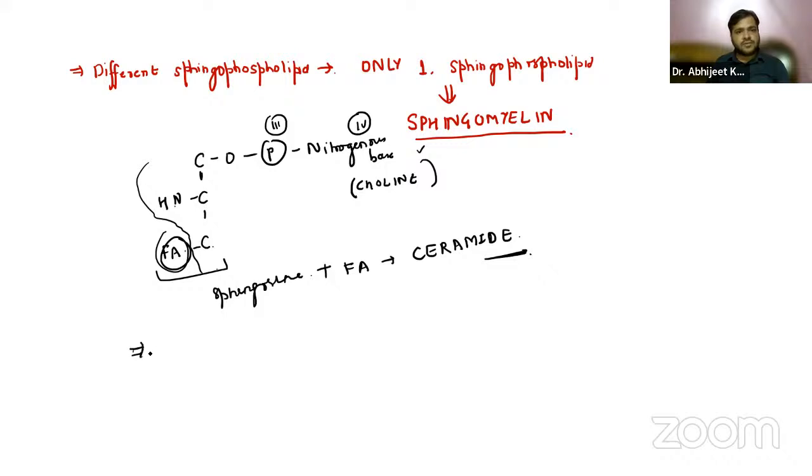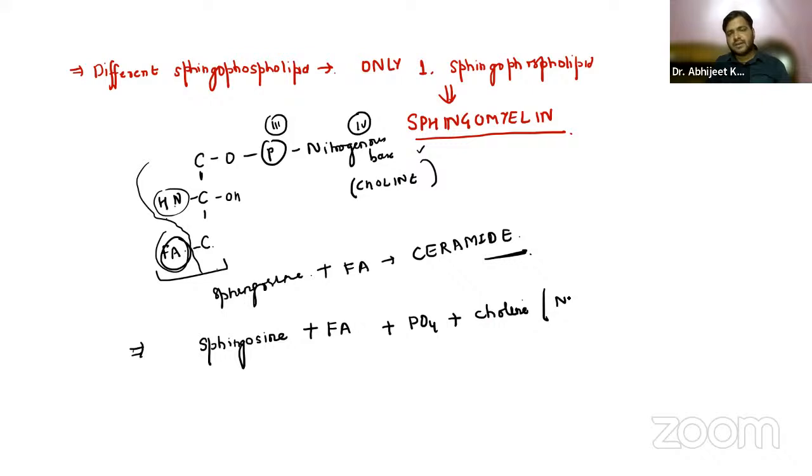Now, in short, we have sphingosine, which is an amino alcohol. We have the NH group along with the alcohol part, the OH above also. Sphingosine plus fatty acid, plus phosphate, plus choline.